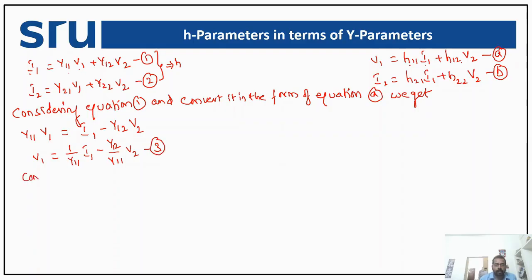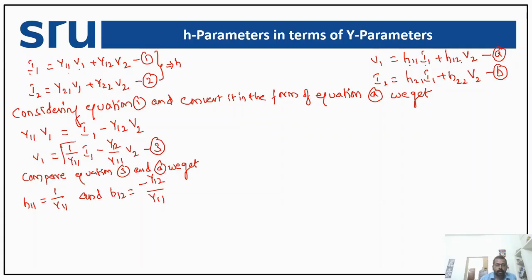Compare equation 3 and A. We get H11 equal to 1 by Y11 and H12 is equal to minus Y12 divided by Y11.